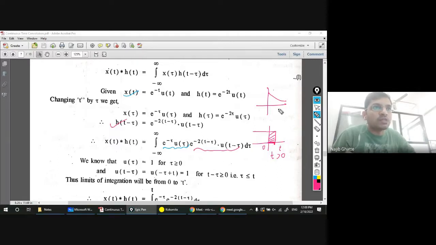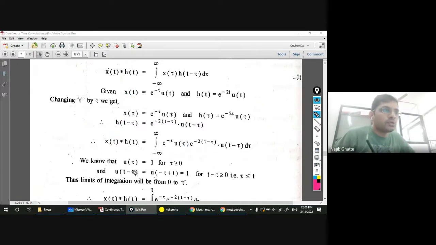So how do I write it here? Now I told you I'm not going to draw any graph. How can this be done? Fine. Now we know u of tau equals 1 for tau greater than or equal to 0. Where did this come from, sir? u of tau is equal to 1 for tau greater than 0. Same thing I said before, the graph keeps running in our mind in the background, but here I am going to write it analytically. Now what is written here is u of t minus tau.